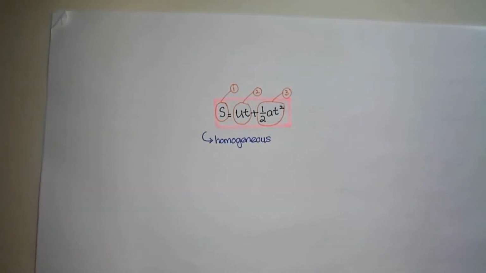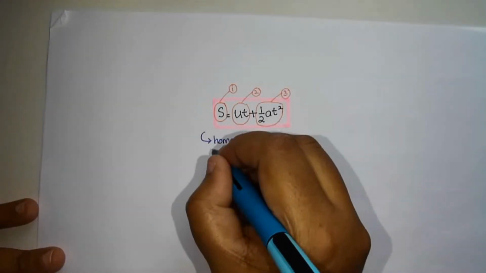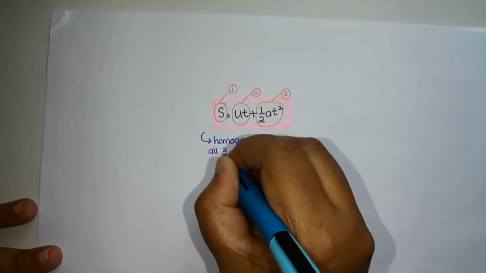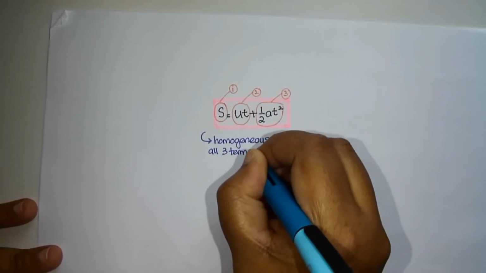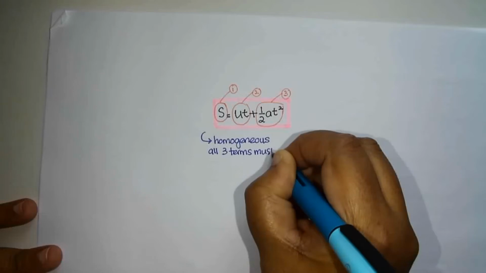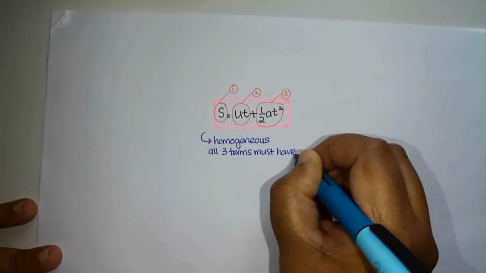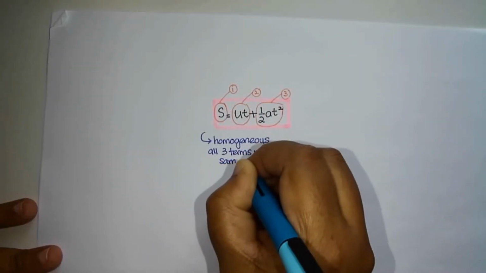If an equation is homogeneous, all three terms must have the same dimension.